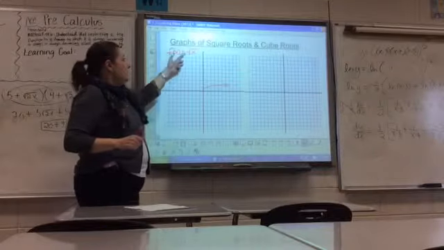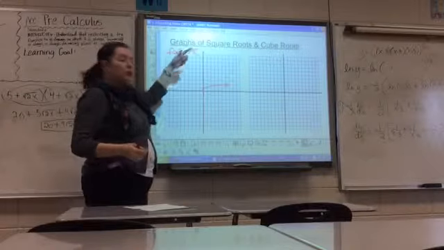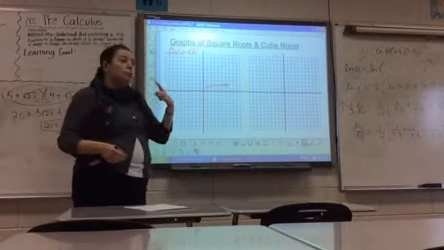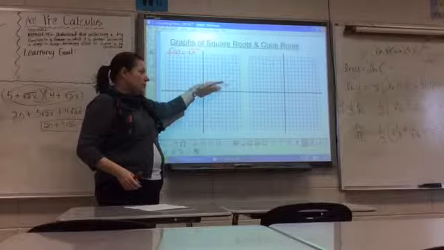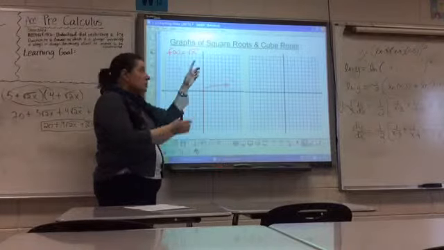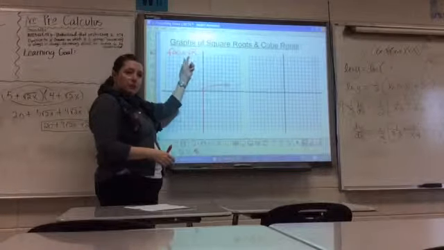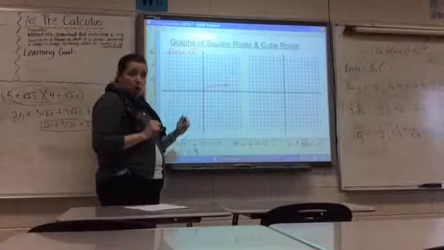Any even root, square root, fourth root, sixth root, is going to be that same picture. It's just going to get thinner. So any even root is going to look like this, just maybe not as wide.